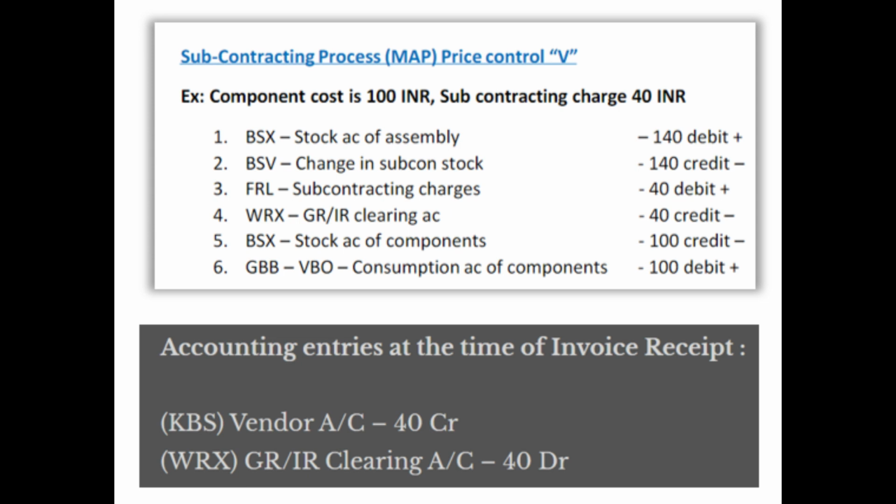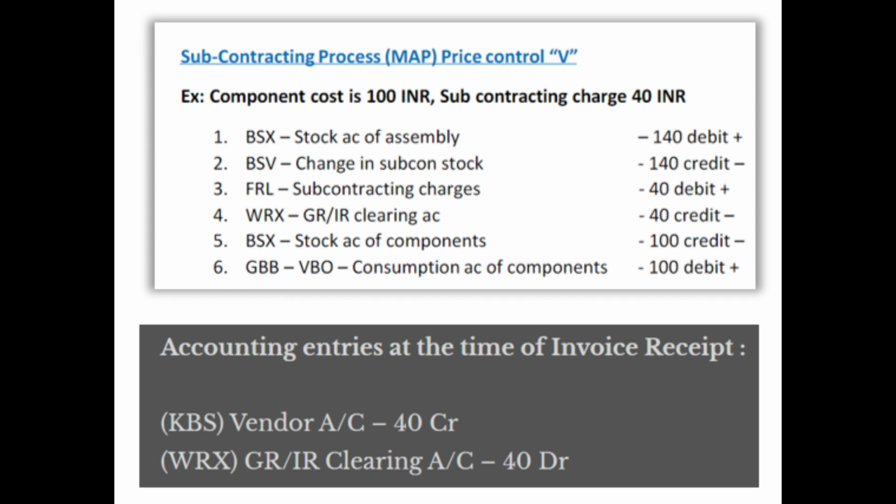The BSV, which is the change in subcontracting stock, is credited by 140. We have the subcontracting charges, that is FRL, which would have a debit of 40. We have the WRX, which is the GRIR clearing account, which is credited by 40. Then we have the stock account of components, that is BSX, which would be a credit of 100. And then we have the GBB VBO, which is the consumption account for components, which would be a debit of 100.